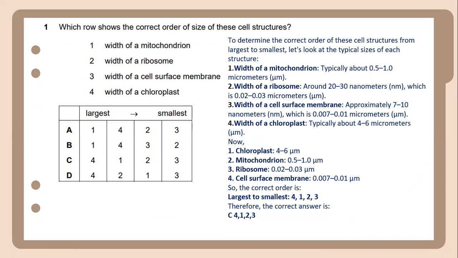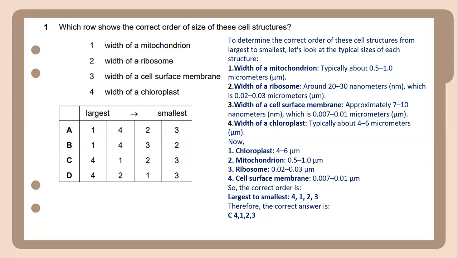Width of a cell surface membrane is approximately 7 to 10 nanometers, which is 0.007 to 0.01 micrometer. Width of a chloroplast is typically about 4 to 6 micrometer.